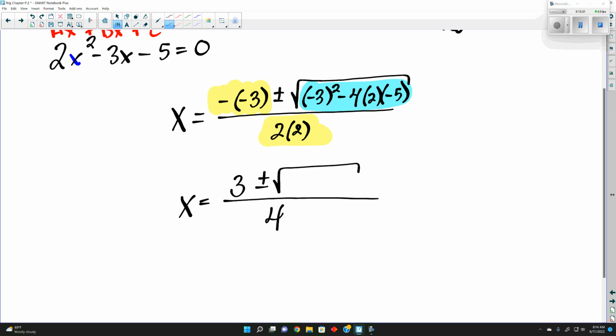Either one is fine, because if I do this by hand, negative 3 squared will give us a positive 9. Negative 4 times 2 is negative 8, and negative 8 times positive 5 is going to be plus 40.